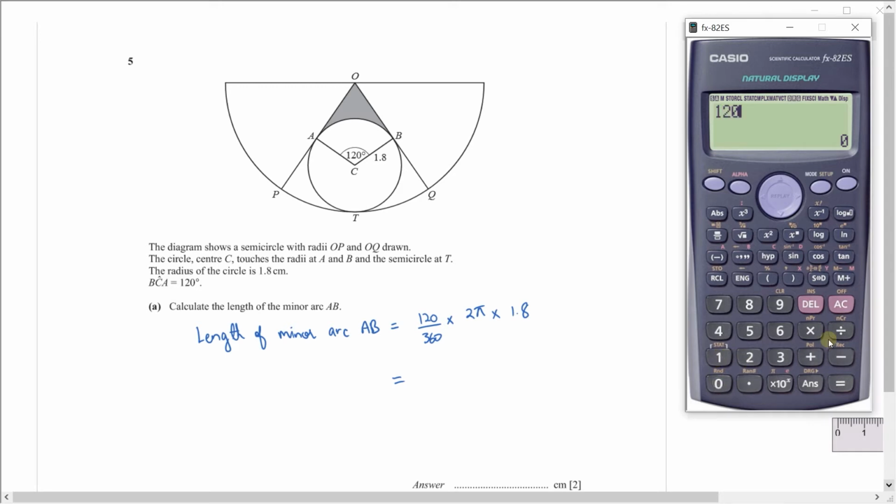So let's calculate this: 120 divided by 360 into 2 into pi into 1.8. So up to three significant figures, this is 3.77.